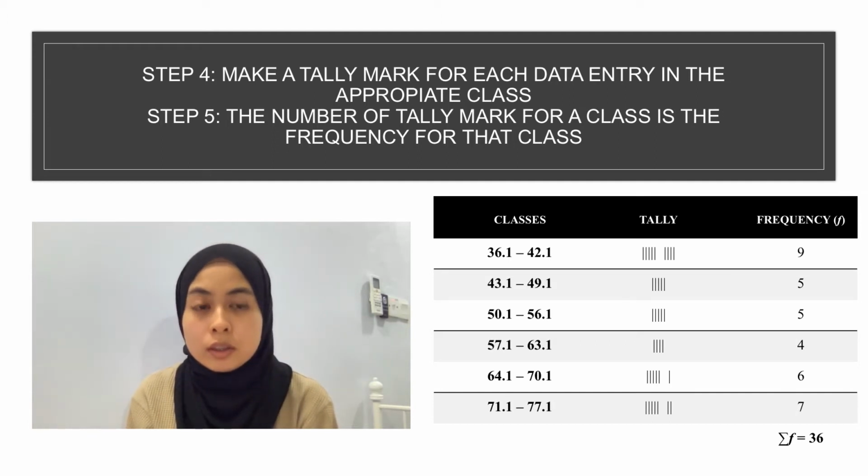So the total frequency will be the same as the number of labor force by age in Negeri Sembilan, which is 36, or F equal to 36.